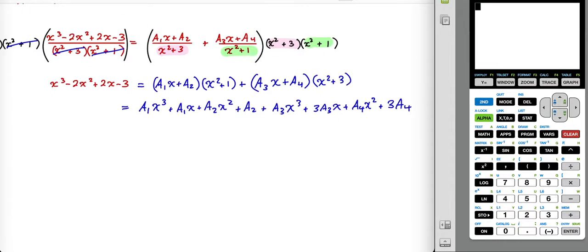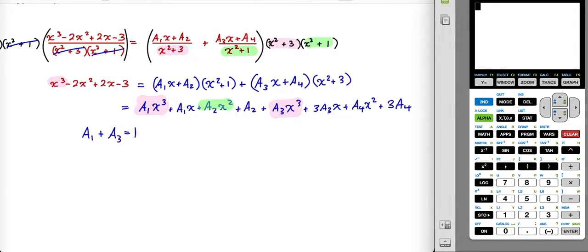Okay, so anything with a power of 3 gets associated with everything else that's got a power of 3. So a1 plus a3 would be equal to 1.